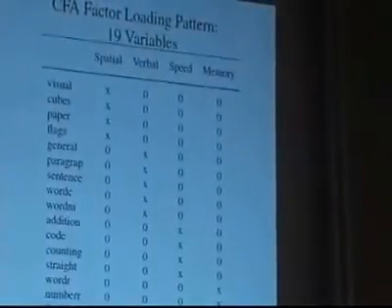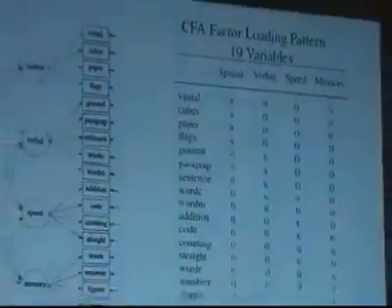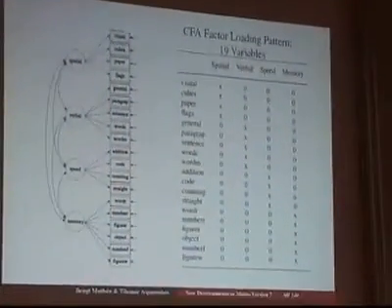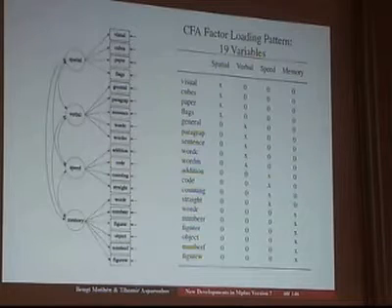And we do that for verbal, and for speed, and for memory. So far we're doing a regular CFA specification, except that we don't set the metric of the factor in the first loading. We set the metric of the factor by saying that their variances are 1. But that's trivial. The part here, the cross-loading section, is what's new.